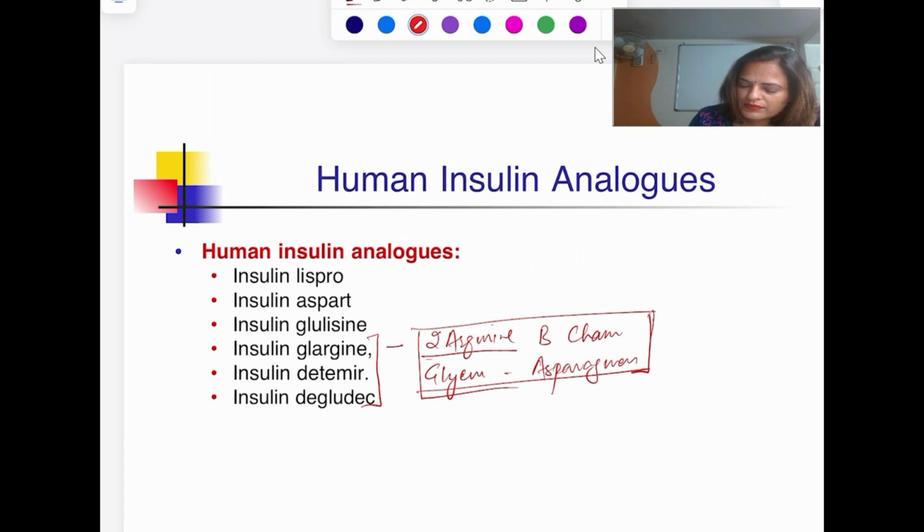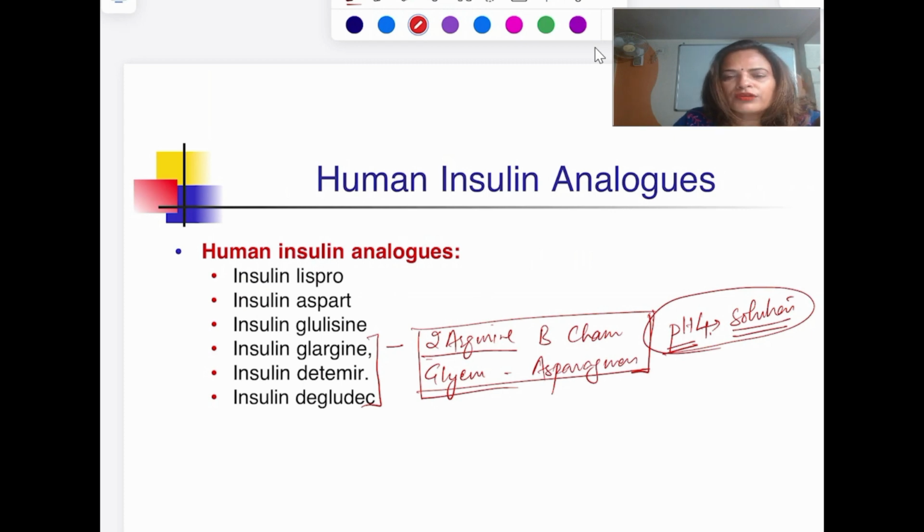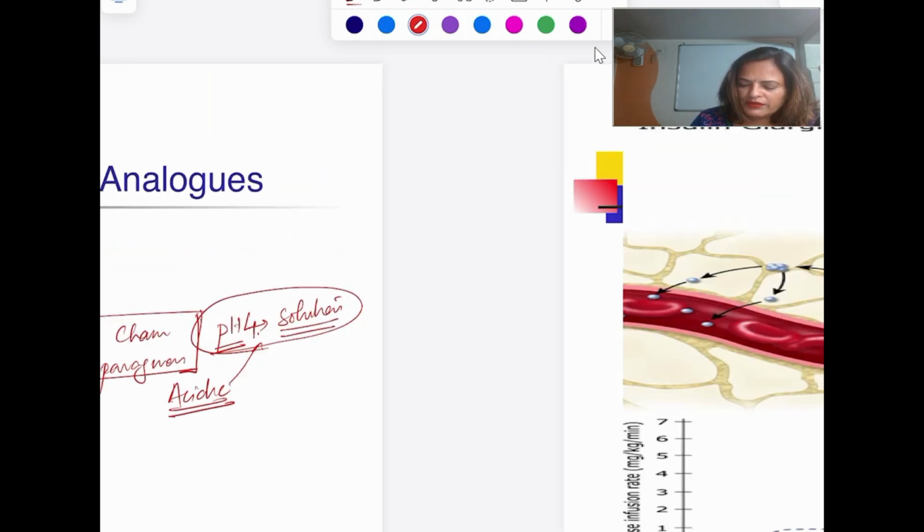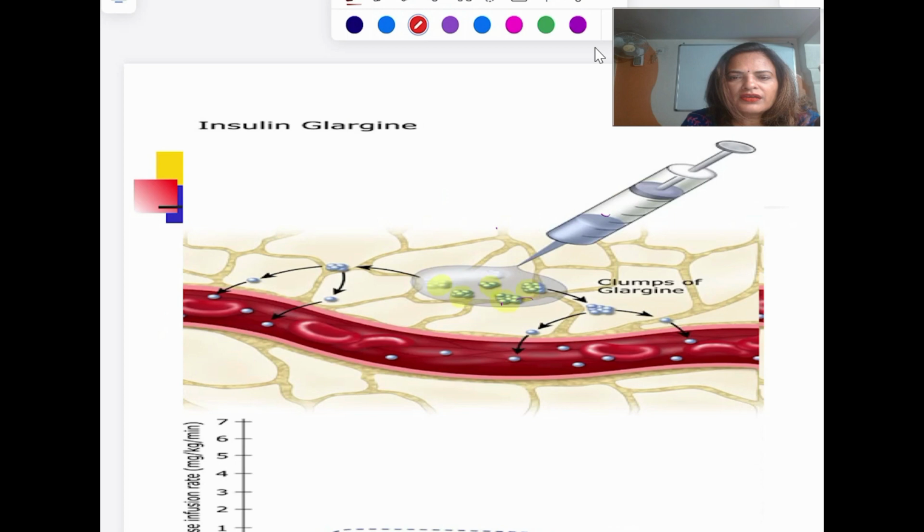This insulin is in a solution form only at pH 4. It is going to make it acidic. At pH 4 this insulin is in a solution form. This I have taken from the net.